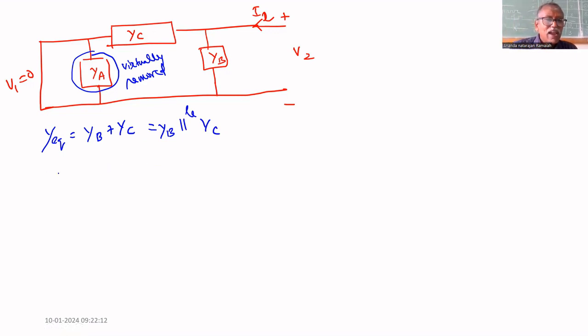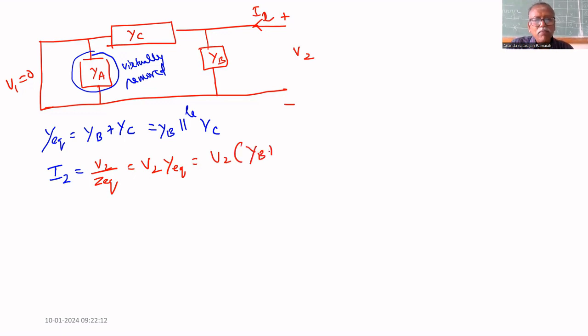What is I2? I2 equal to V2 divided by Z equivalent. That is equal to V2 multiplied by Y equivalent, which is V2 multiplied by YB plus YC. Therefore, I2 divided by V2 equal to YB plus YC.